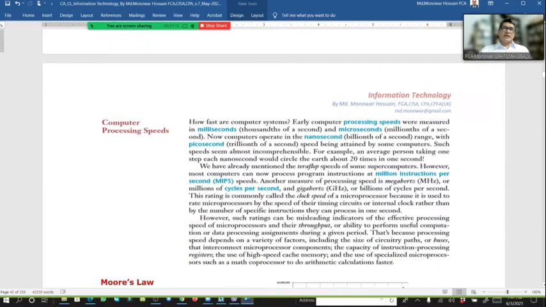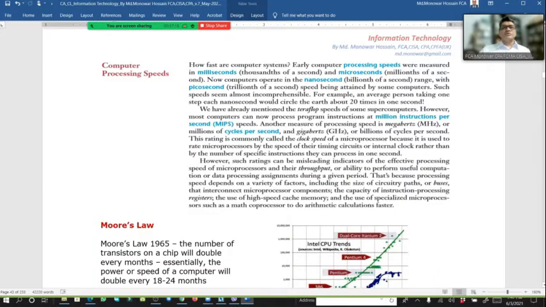And if we see the computer processing speed, nowadays day by day the speed is going higher. So here we can say how fast the computer system is. Early computer processing speeds were measured in milliseconds. Millisecond means thousandths of a second, and microsecond, millionths of a second.